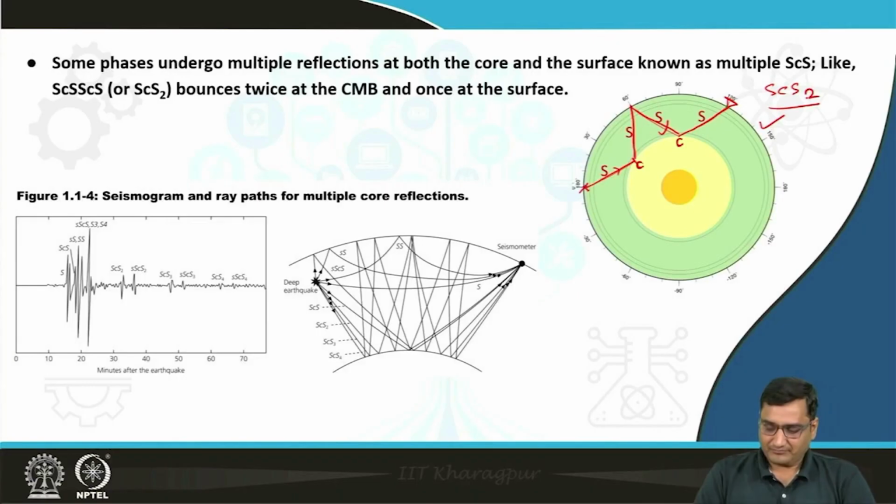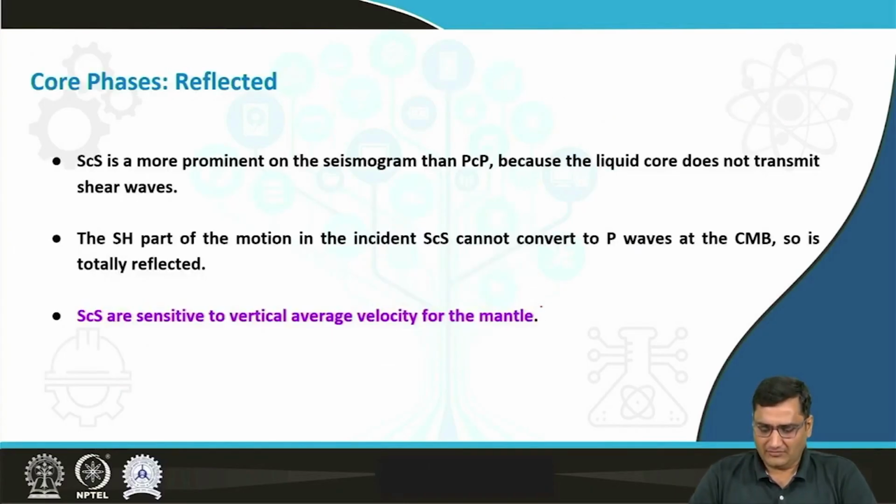This is the seismogram recorded at the Tonga subduction zone in the region of Hawaii, and it has several ScS phases within it, and the corresponding ray path diagram is depicted here. Now, if we talk about ScS and its prominence on the seismogram in comparison to PcP, the ScS is clearer than PcP on the seismogram.